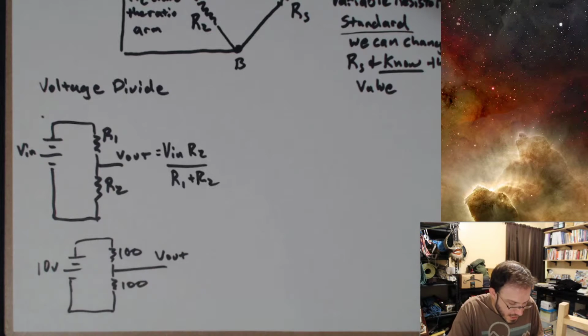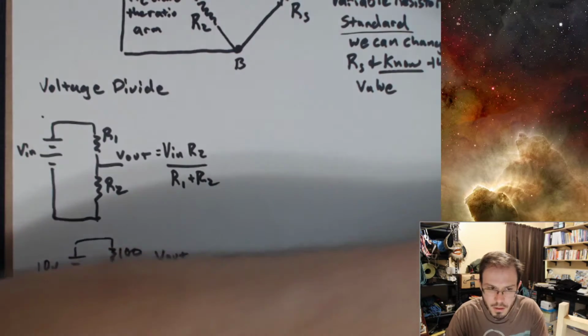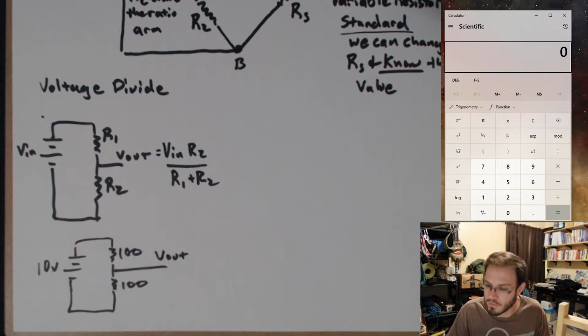Well, what does that end up being? Let me pull up my calculator over here. So I said 10 times R2, which is 100, divided by R1 plus R2, or 200. I get 5 volts out, right?